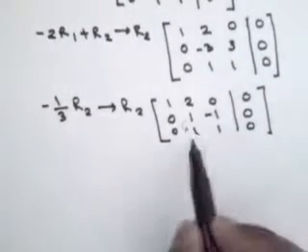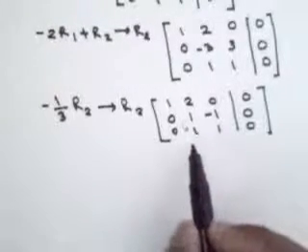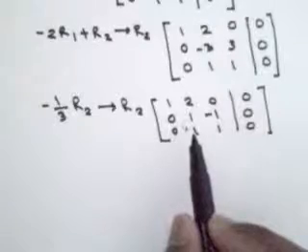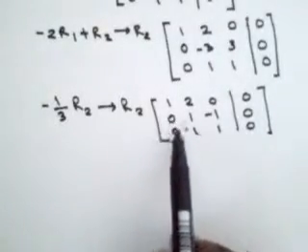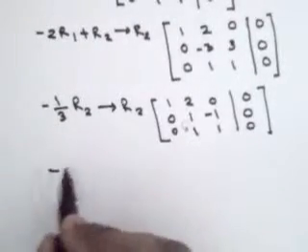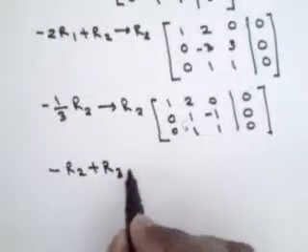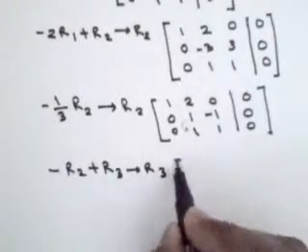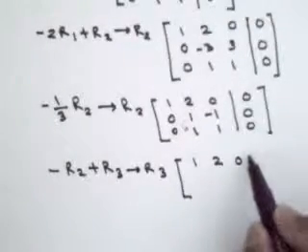To make this 1 a 0, we have to add minus row 2 to row 3. I'll show you now. So we have to write minus R2 plus R3, and we'll get R3 here. We are not working with the first row, so it will remain the same.